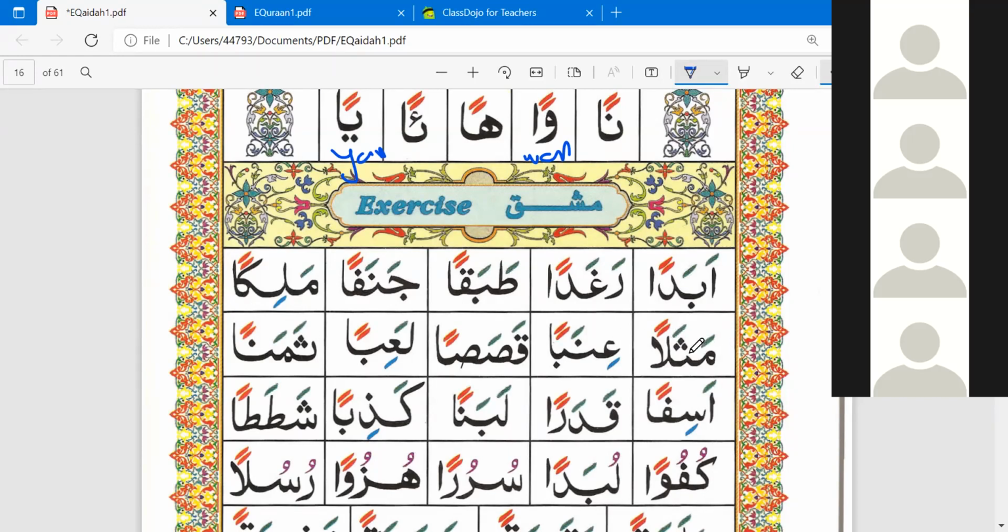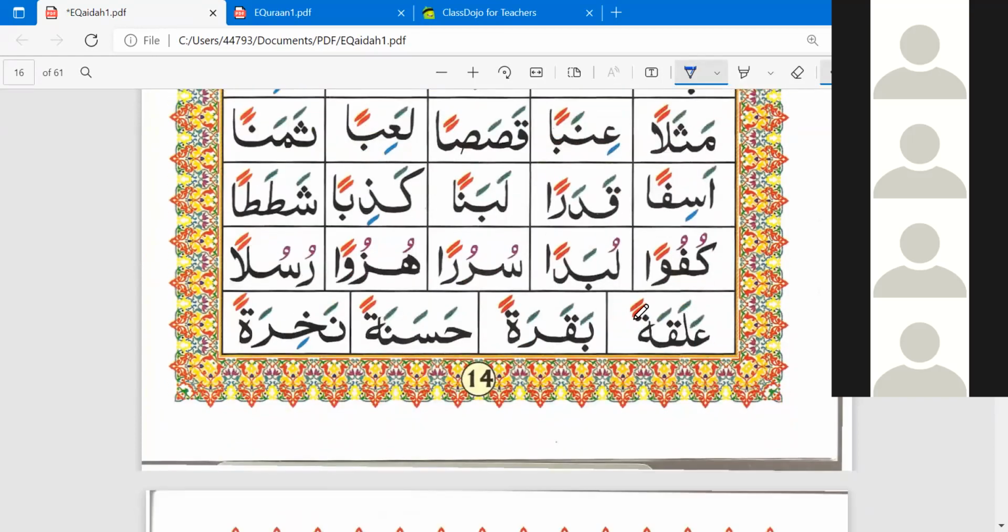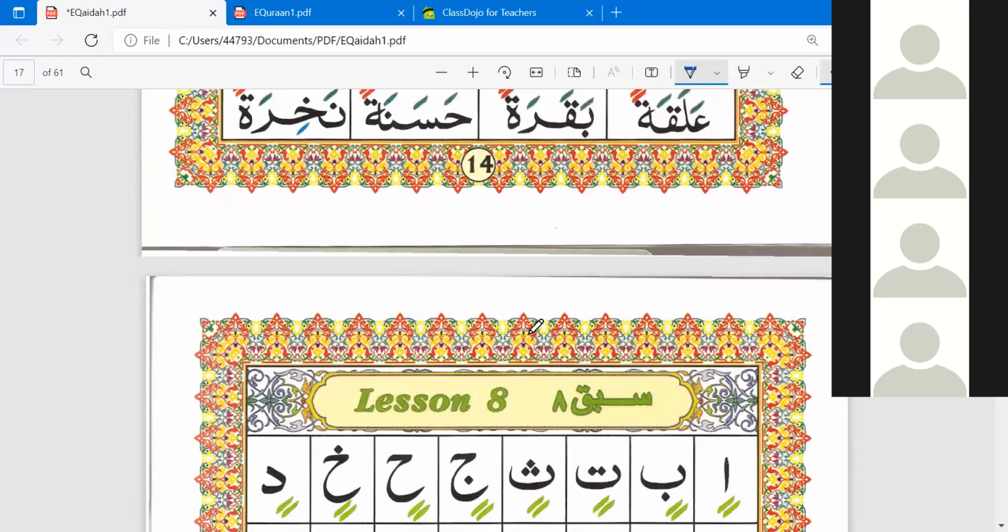Ma, tha, lan. Mathalan, mathalan. A, si, fan, asifan, asifan. Ku, is it dama, mouth seku, fu, kufu, wan, kufu wan. Ala qotan, ala qotan, bako rotan.